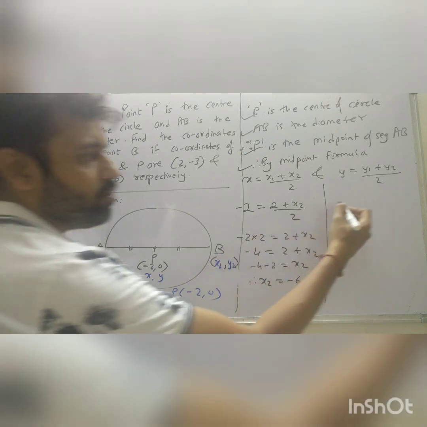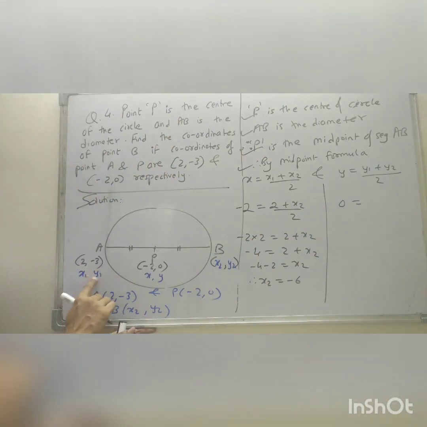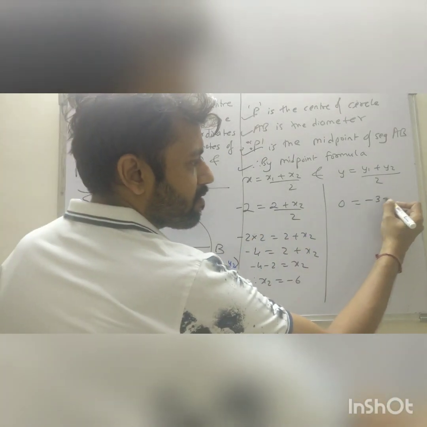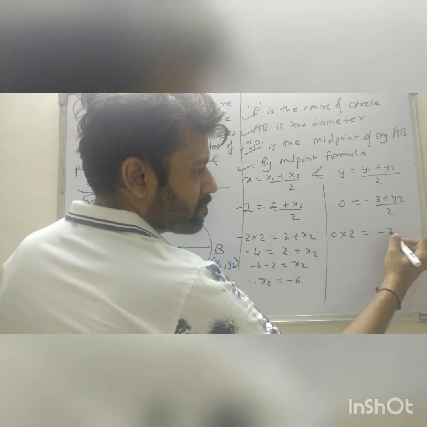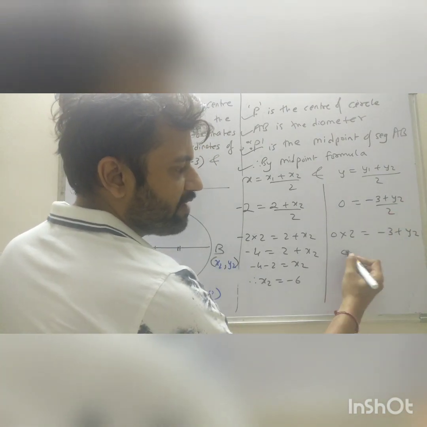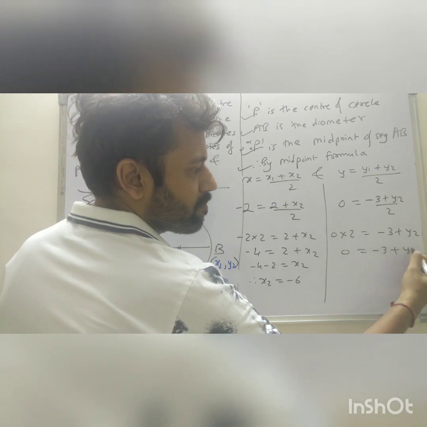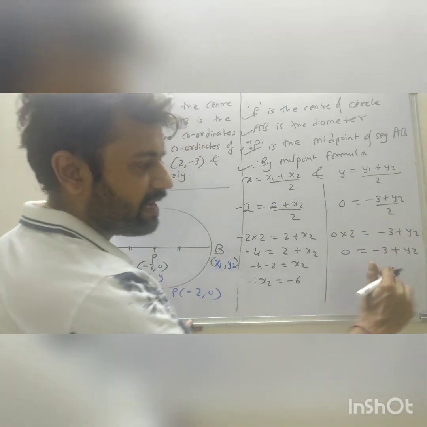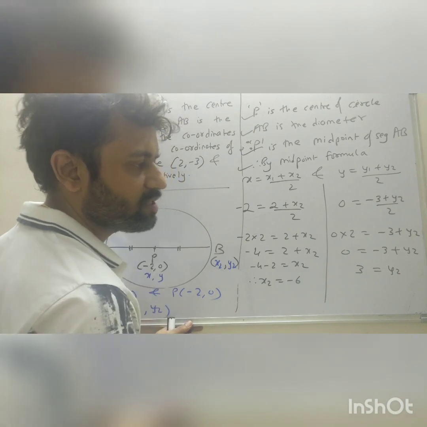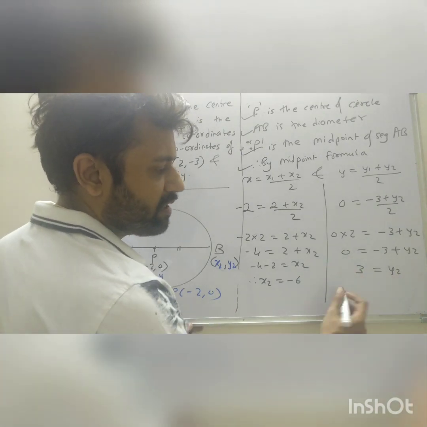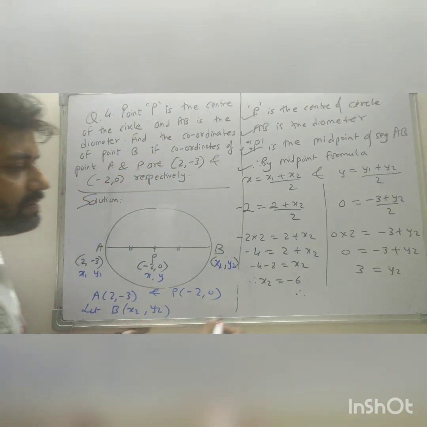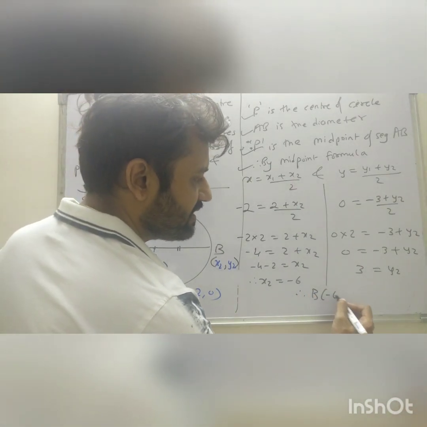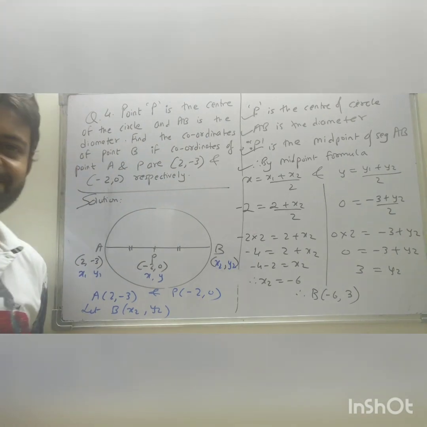Y, that is 0, is equal to y1 plus y2, minus 3 plus y2 upon 2. Here 0 into 2 will give you 0. And y2 is positive, keep it there, you will get y2 is equal to 3. 0 plus 3 is 3, or we can say 3 is equal to y2. So the point B is minus 6 comma 3.